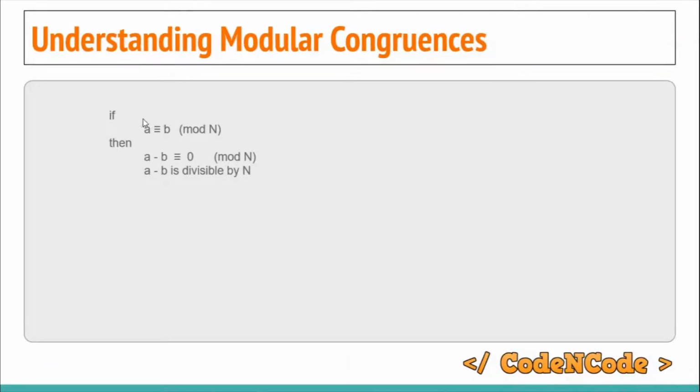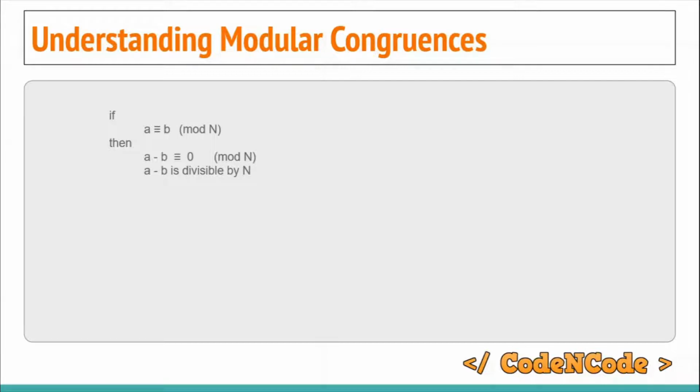Now one important property of congruency is that if a and b are congruent to each other under modulo n, then their difference is congruent to 0 modulo n. Their difference is congruent to 0, which means they leave 0 remainder when divided by n, which indicates that a minus b or b minus a, that is their difference, is actually divisible by n.